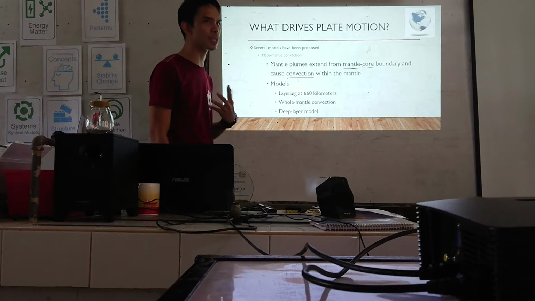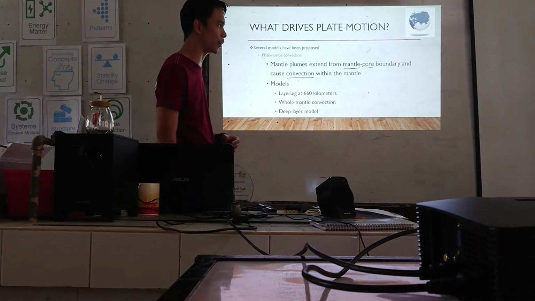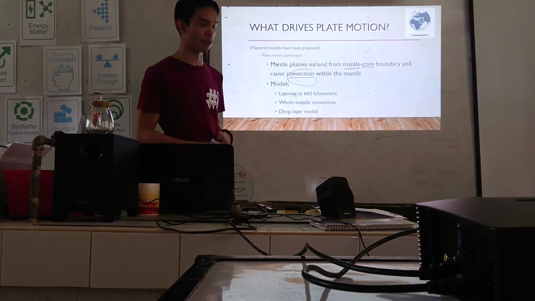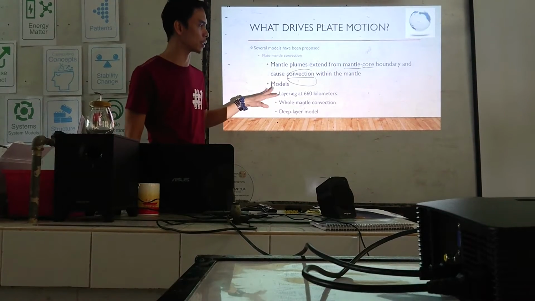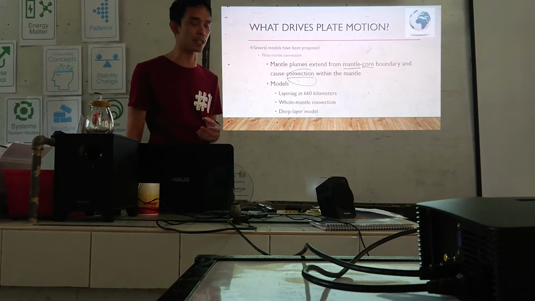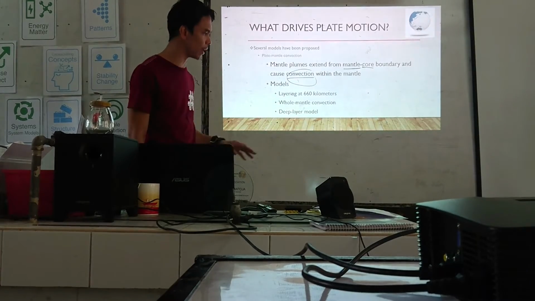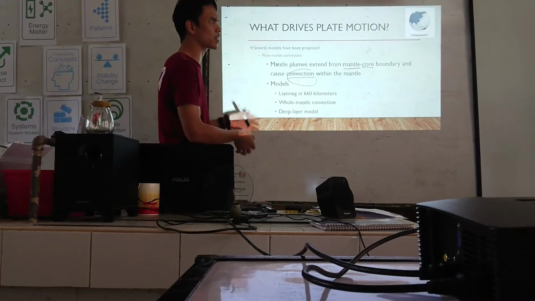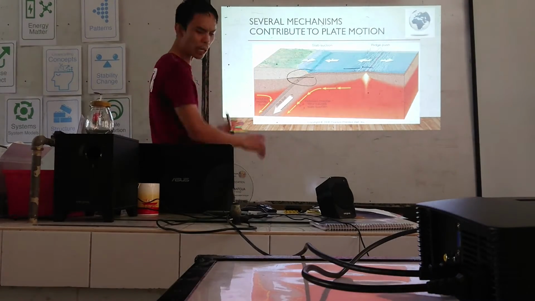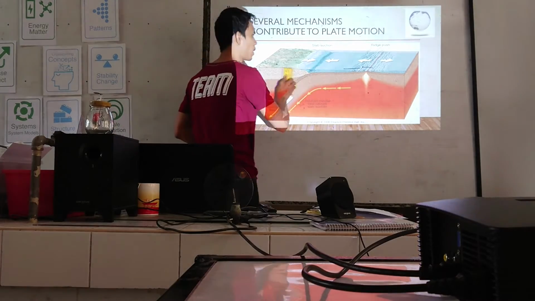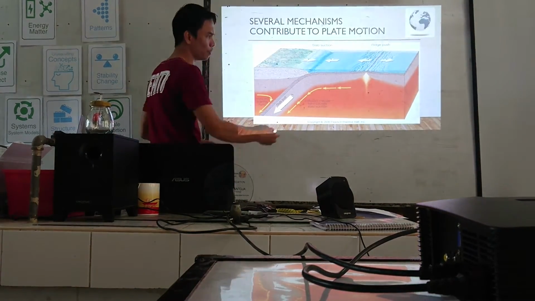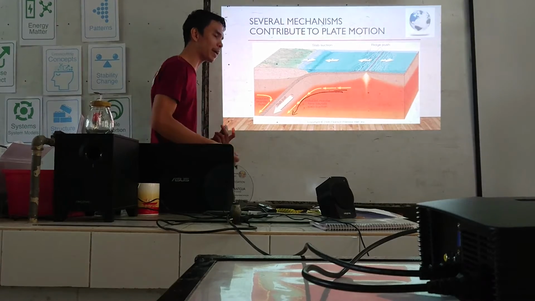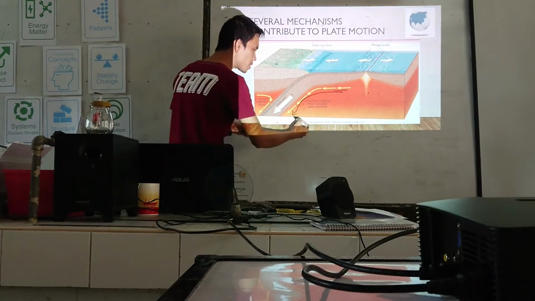The push and pull system that we talked about earlier is possible only if there is what they call convection, the mantle convection. There are several models that are proposed. We have here the layer at 660 kilometers, we have the whole mantle convection, and we have the deep layer model. Just to view what a convection looks like, if we take a look at this pattern of movement, this arrow that we have right here, this movement of fluid is caused by convection.